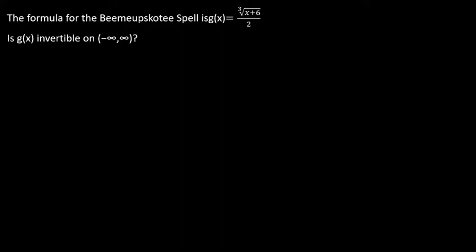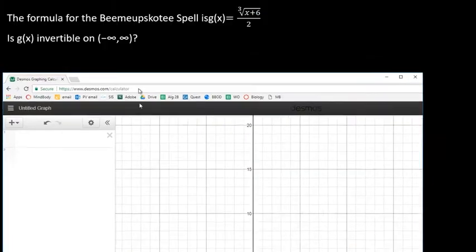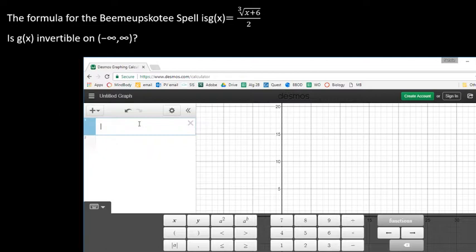Okay? Now, let's pull up our graph again and just kind of take a picture. We have the cubed root, which I don't know how to represent using this calculator.